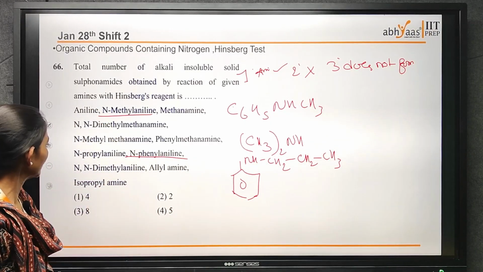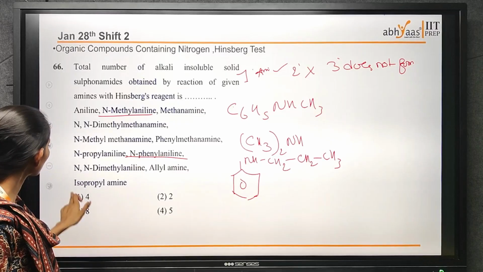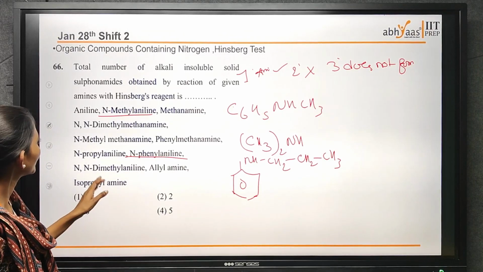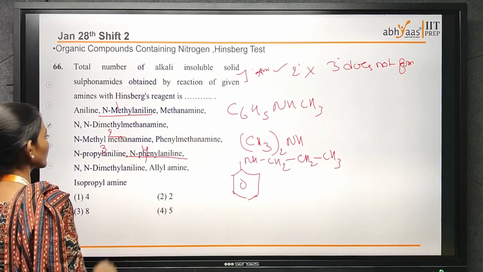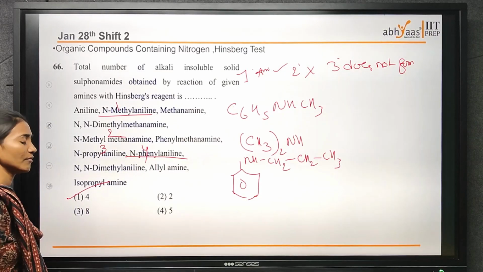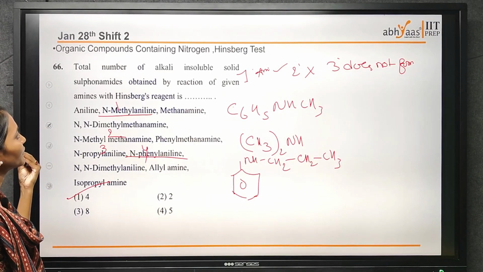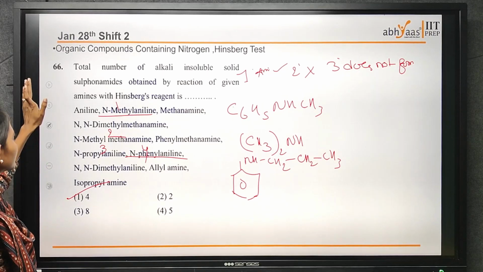Means dimethylamine can be solved, allylamine can also be solved, isopropylamine also solved. So hence we are having that 1, 2, 3, 4. So your answer will be 1. Simple question, identifying the Hinsberg test, we can answer easily.